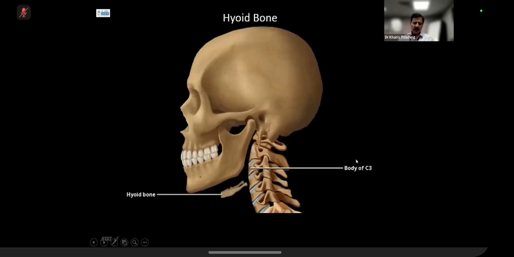Before we go to the parapharyngeal space, the hyoid bone, as you know, is our landmark, a very unique bone. It is unique because it does not articulate with any other bone, and there is no other example like this in the human body.